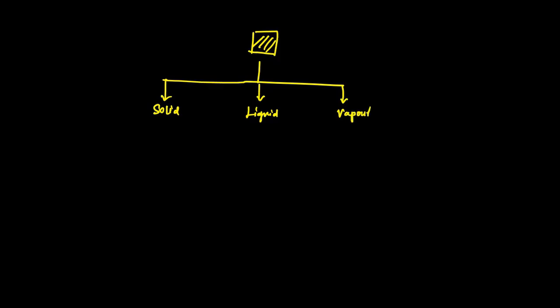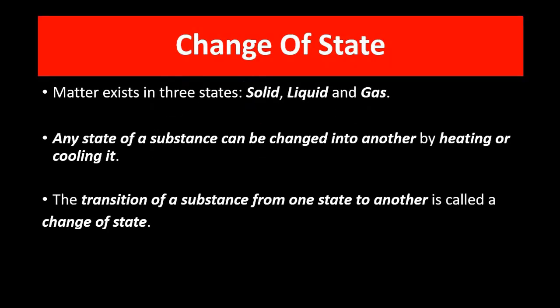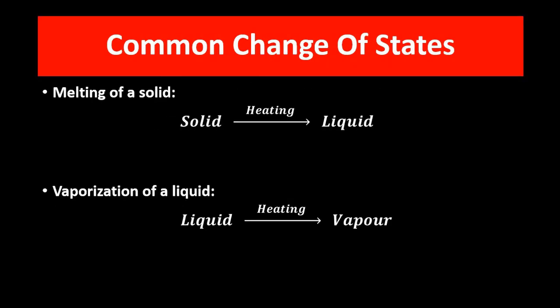We took the example of the simplest experiment, that is ice, water and water vapor, the change of these three states. And we found out that the transition of a substance from one state to another can be categorized into different categories.